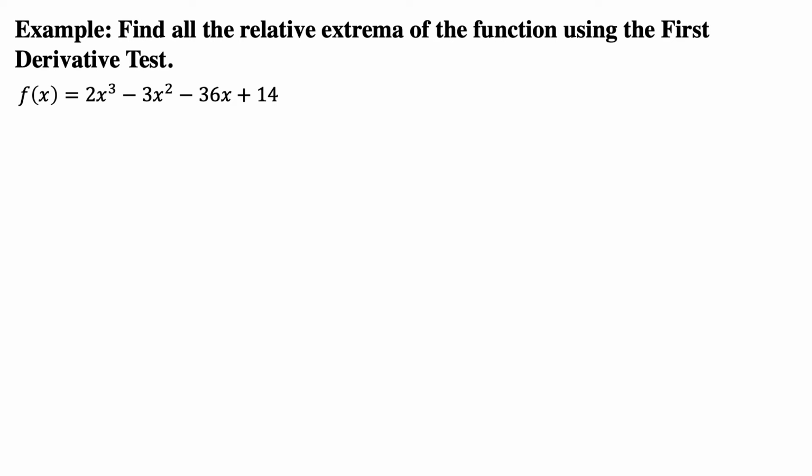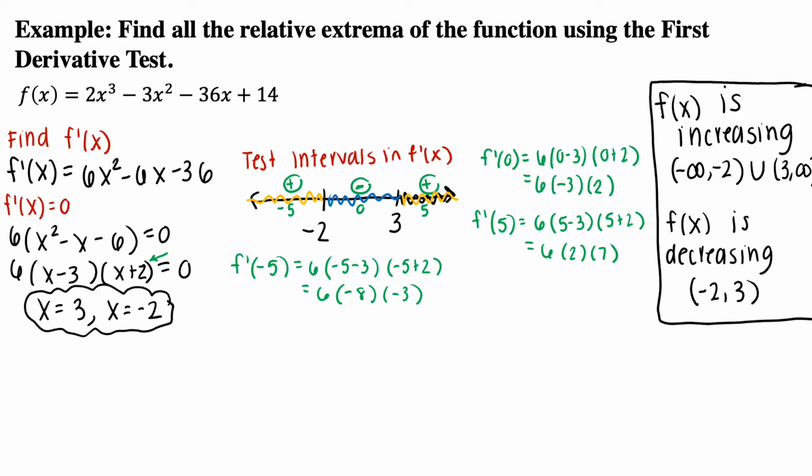So bringing in that work, we already found our derivative f prime of x. We set that derivative equal to 0 to find our critical numbers since we didn't have any additional problems like a denominator or anything there. Then we set up our test intervals and tested around them in f prime of x to determine the sign of our derivative, and we determined the intervals of increasing and decreasing.